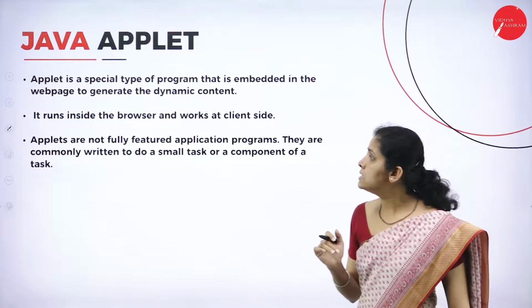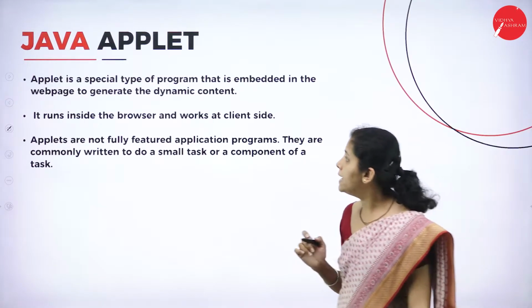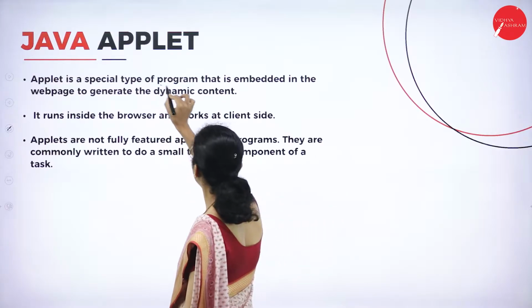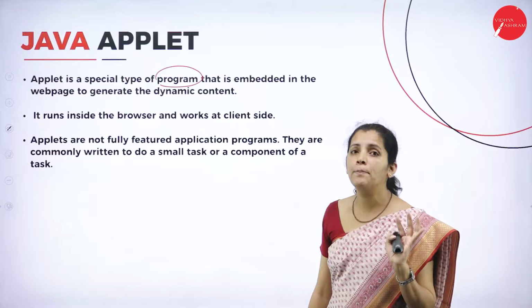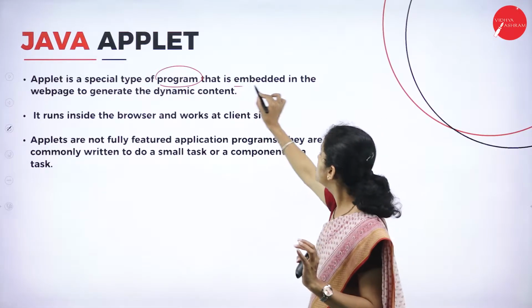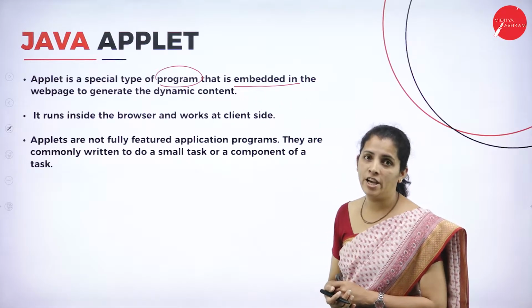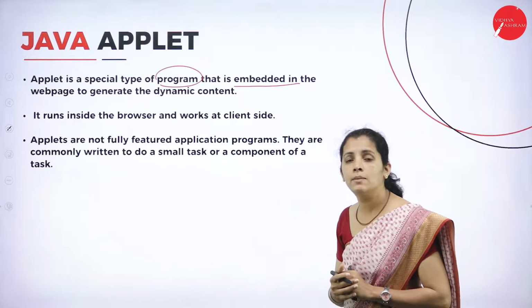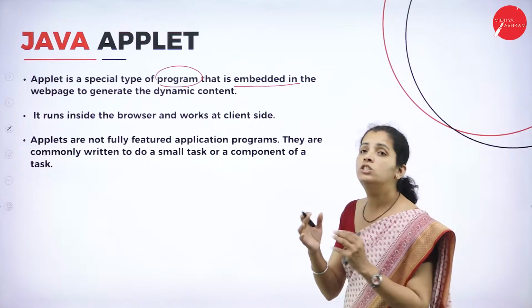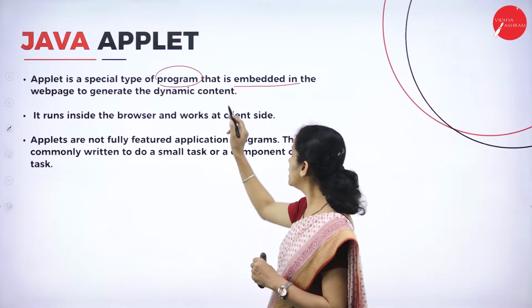So what is applet here? Applet is a special type of program that is embedded in the web page. That means I'm going to place this applet program in my web page to generate dynamic content.